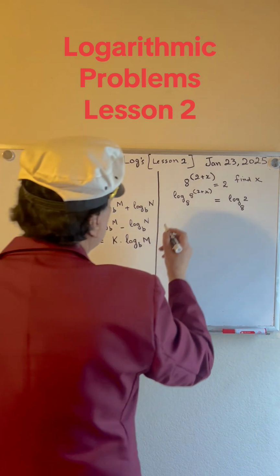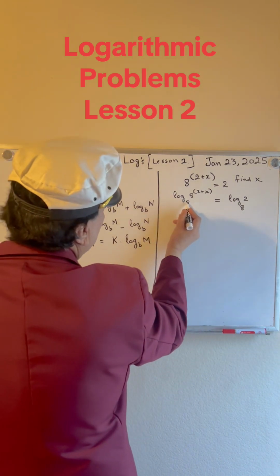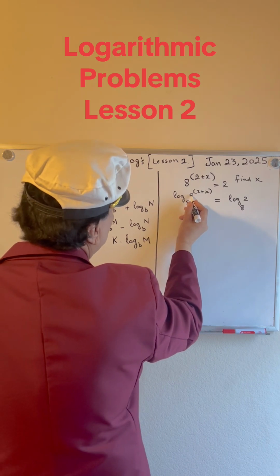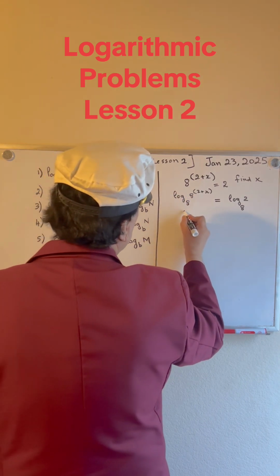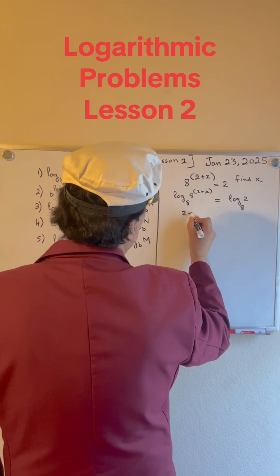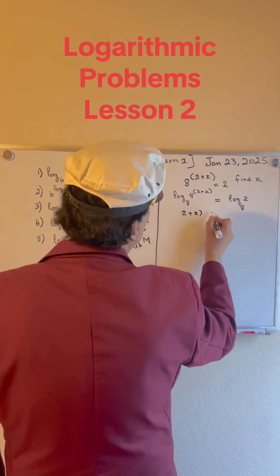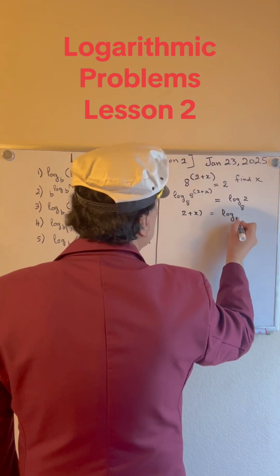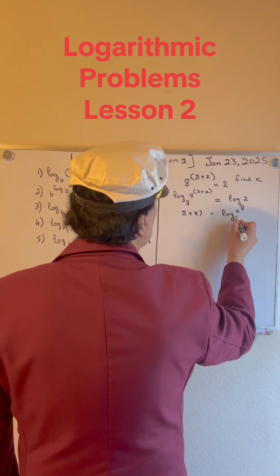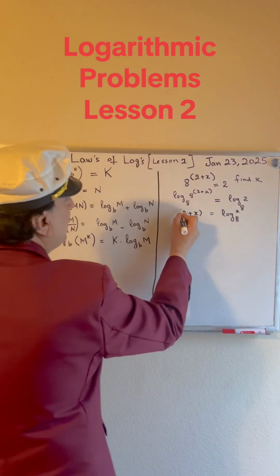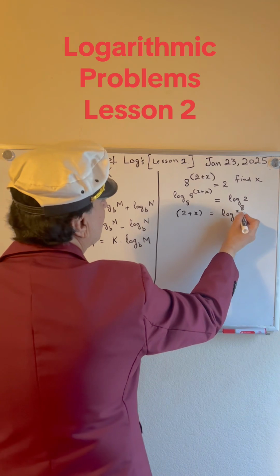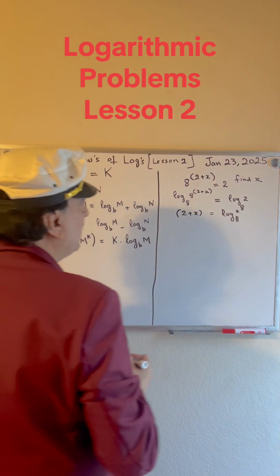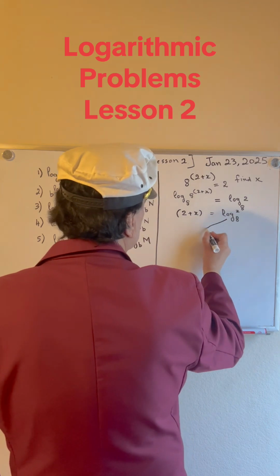Since my bases are the same, log base 8 and the exponent on 8, they cancel, and I just get 2 plus x is equal to log base 8 of 2. We still have a log over here, and we have to deal with that.